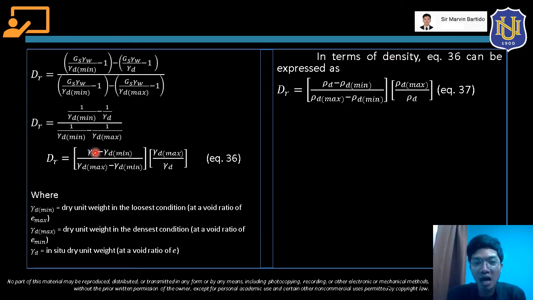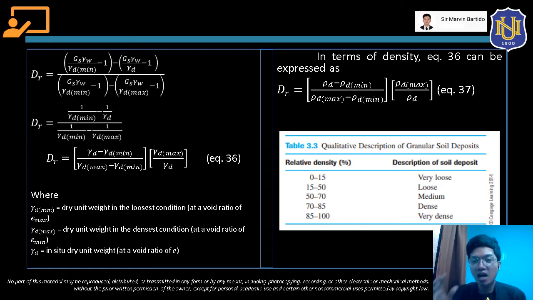So pwede natin yung gamma dry, gagawin nating dry density, minus dry density minimum, and then ito din, palitan mo lang lahat class ng unit weight ng density, so pwede yon, no? So alam natin na direct class yung relationship nila, 'di ba, ng density at saka ng unit weight.